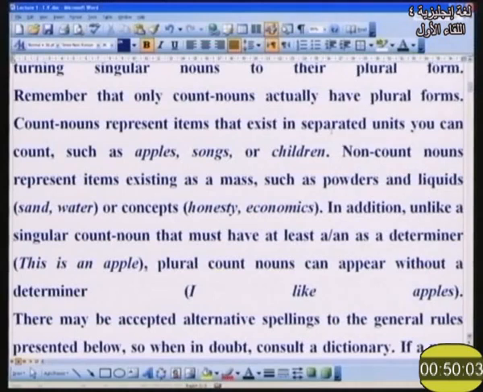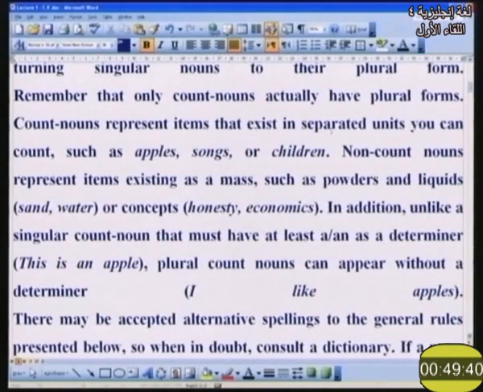You can count the container. You can say a glass of water, for example, a bottle of milk, a kilo of sugar, but you cannot count sugar. You can count the container, or you can count the amount if it is weighed, okay?